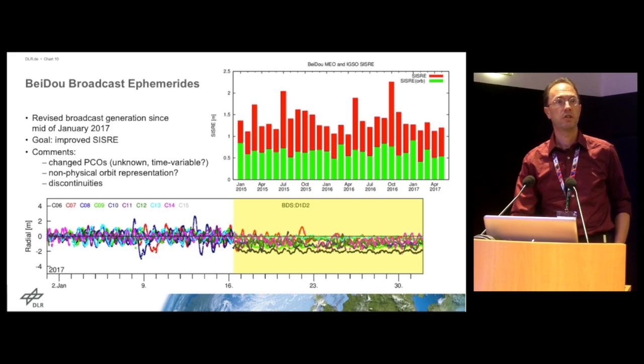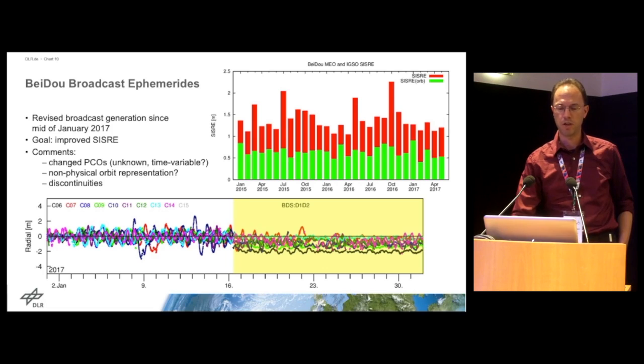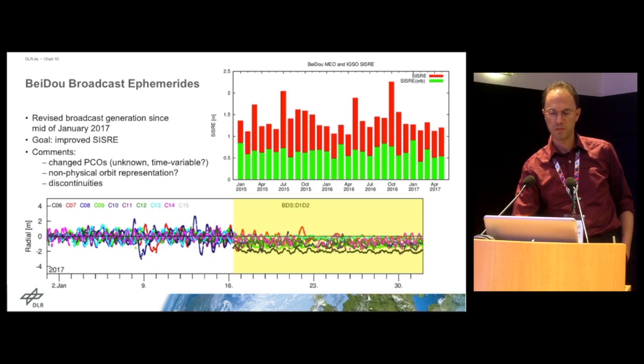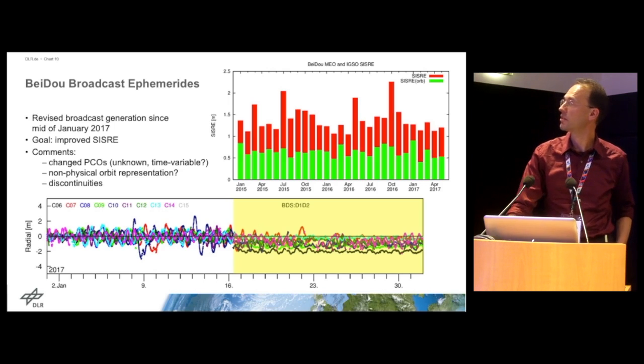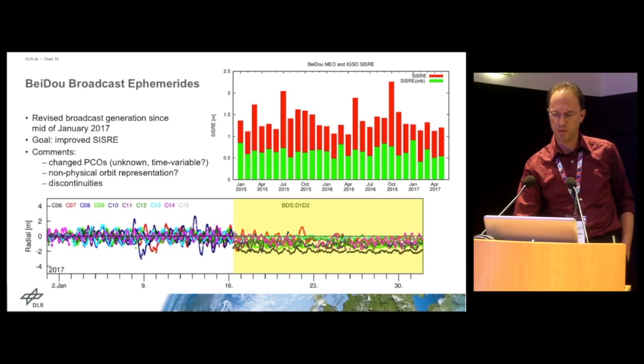So there's a changed PCO, which is unfortunately unknown, and if you have a look at longer time series, it also seems to be time variable. This might be related to a non-physical orbit representation, and we also see some discontinuities in this time series. If we have a look at the SISRE over time in monthly mean values, as you can see on the right-hand side, in particular for the orbit part, you can see some slight improvements in the SISRE.